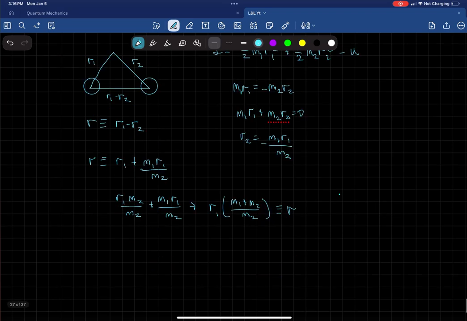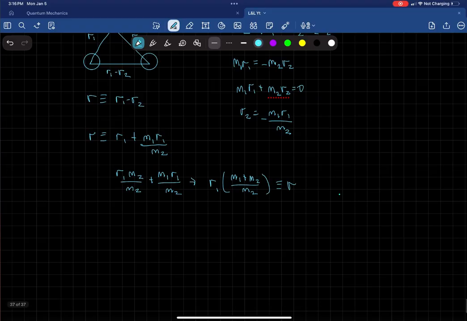From there, I can simply solve for r1 and r2. So r1 would be equal to m2 r over m1 plus m2. Similarly, my r2 will be equal to minus m1 r over m1 plus m2.